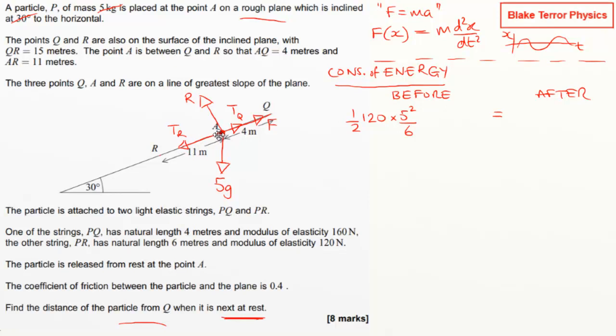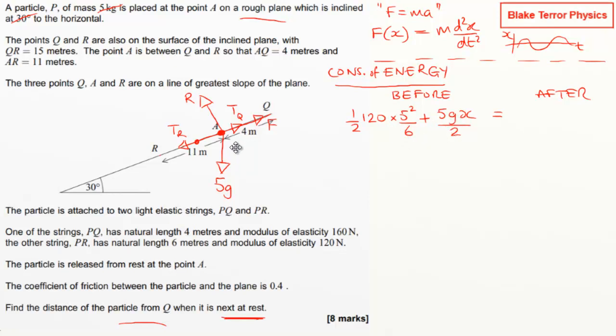So if it's moved, let's measure x from A. So it's moved some distance x down the slope, which means it's gone through a height of x sine 30 degrees. So our MGH, which we can add on here, is going to be 5 times g times x, all divided by 2, which is our sine 30 degrees.